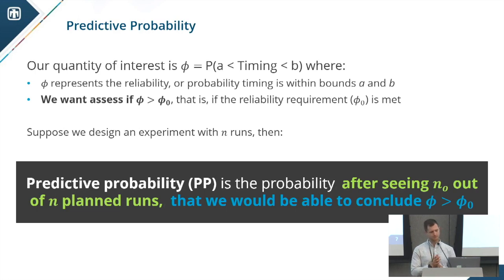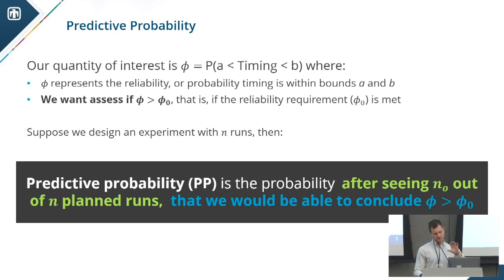Predictive probability is the probability, after seeing just a fraction of your data, so the first n sub o observations, that we would then be able to conclude that phi is bigger than our requirement. This is from a Bayesian perspective.